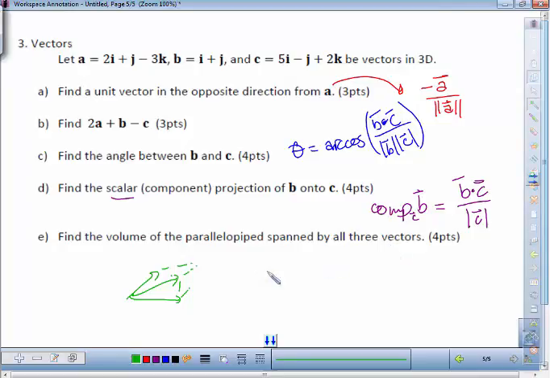So that's just A dot B cross C. And just for good measure, they tell you to take the absolute value just so it's positive. So that's a formula that should also be in your notes. All these formulas should be in your notes.